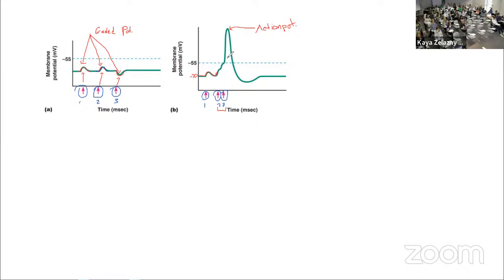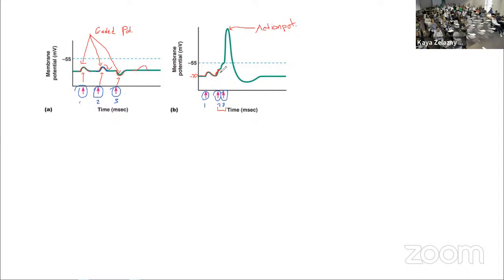However, in figure B, before we have time to fall back to rest, we got to this peak and stimulus 3 came in. It would have caused its own graded potential, in this case a positive one, so it would have been another bump, not a dip.